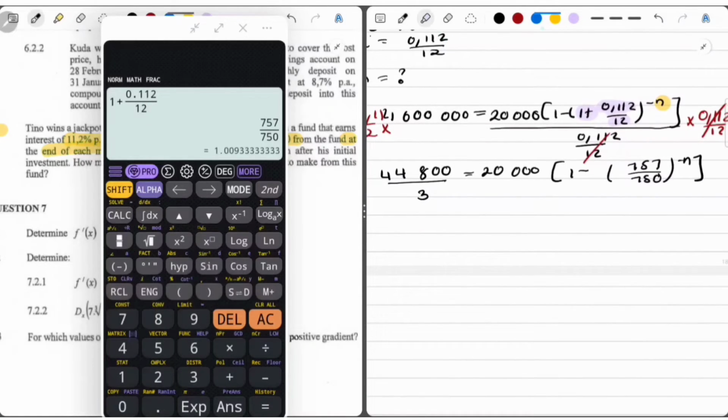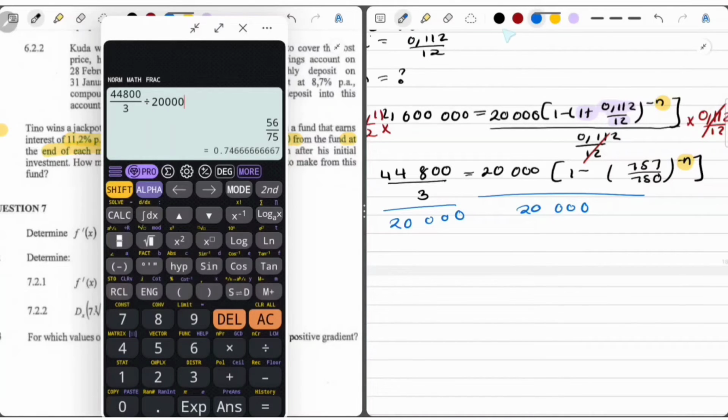Now the next problem, stopping us from getting to that negative n, would be the 20,000. So you'd have to divide both sides of the equation by 20,000. So this number divided by 20,000. I suggest you actually use the division button. So like that, over 3, then divided by that 20,000.